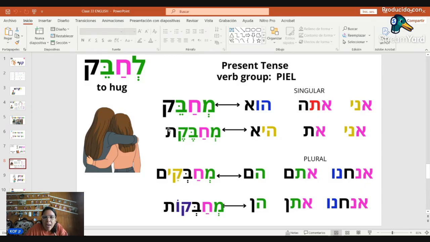We see the same tav for singular feminine, yod mem for plural masculine, and holam vav tav for plural feminine, right? So that's common ground with pa'al, very important. And the difference is that we need to add mem at the very beginning of the conjugation. We have mem, mem, mem, mem.